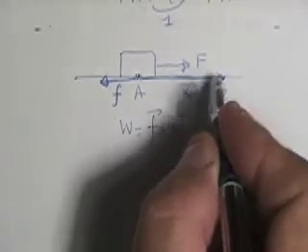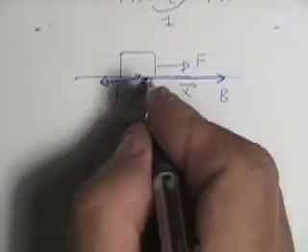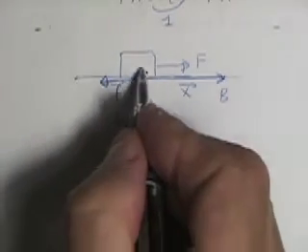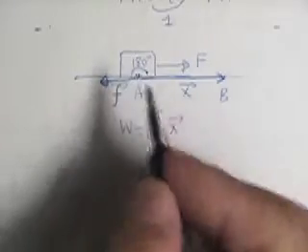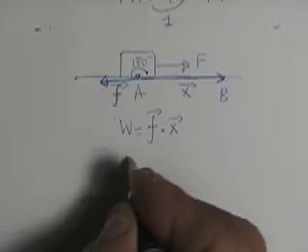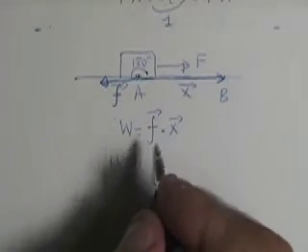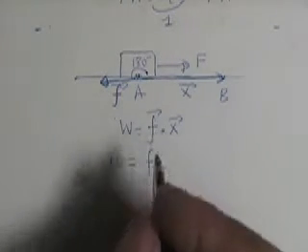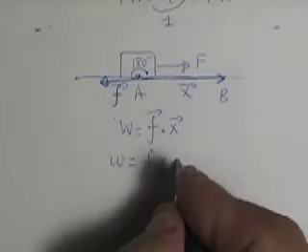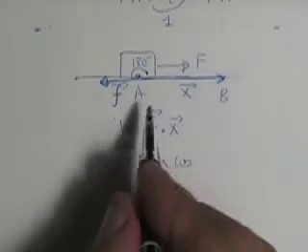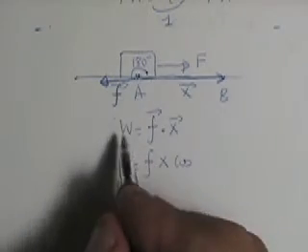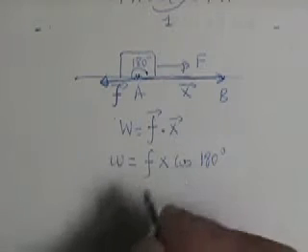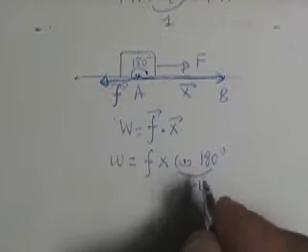So the angle between the vector x and the vector f is 180 degrees. So now the work is equal to the magnitude of the force, which is f, times the magnitude of x, which is just x, times the cosine of the angle between x and small f. That angle is 180 degrees, and the cosine of 180 degrees is equal to -1.